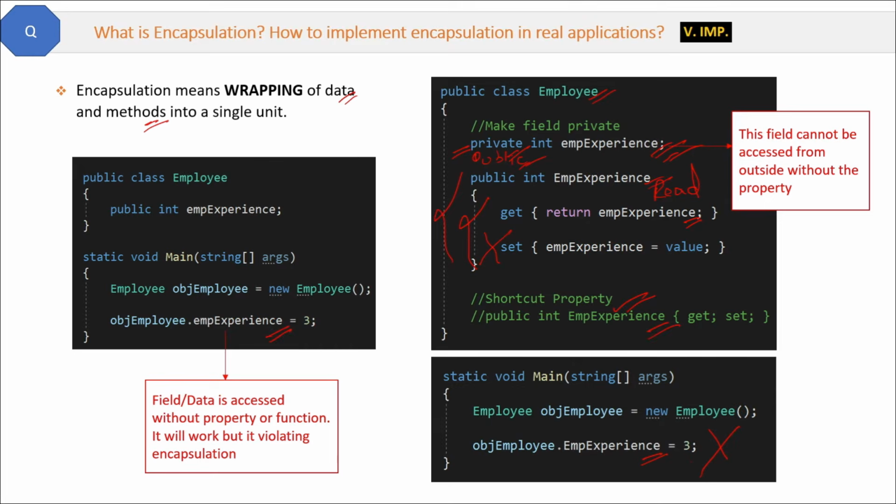It will work, but it is violating encapsulation. That is why it is not the better approach. I hope now you understand what encapsulation is. Now I think you know how you are already using encapsulation in your projects. I can say this is the most important concept of object-oriented programming, right?